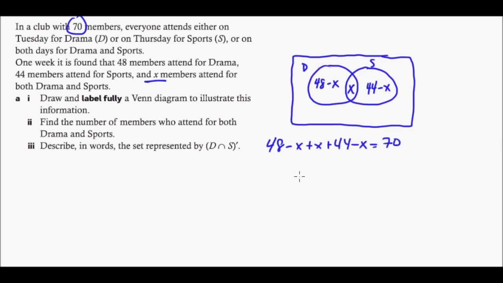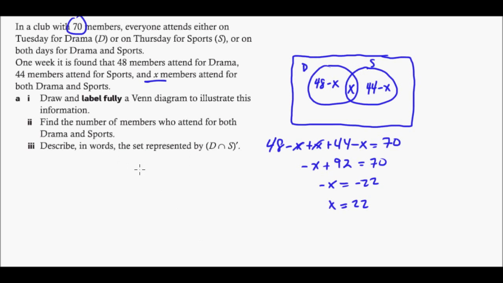So I'll put these together. Okay, so we get negative X plus 92 equals 70. So we subtract, we get negative X equals negative 22. Well, okay, so X is going to be 22. So the middle is going to be 22.